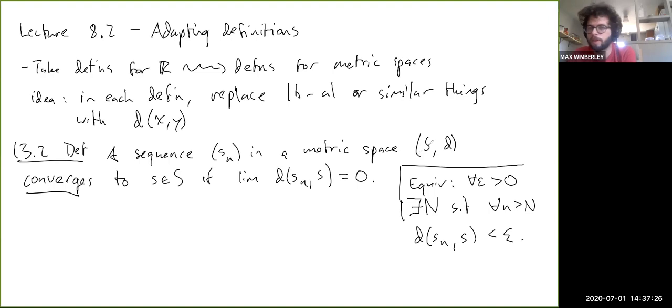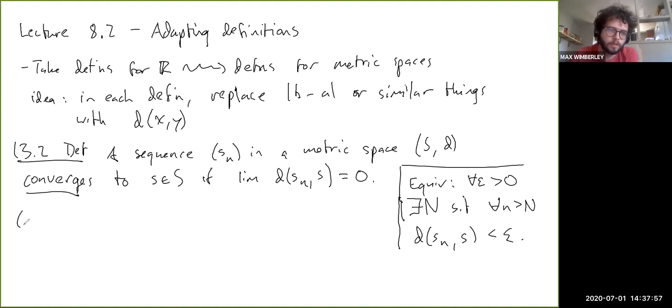S might be a set where addition and subtraction don't make sense, right? But we can get around that problem by just using the distance function here.